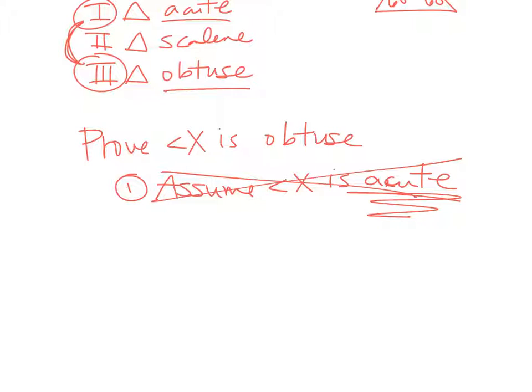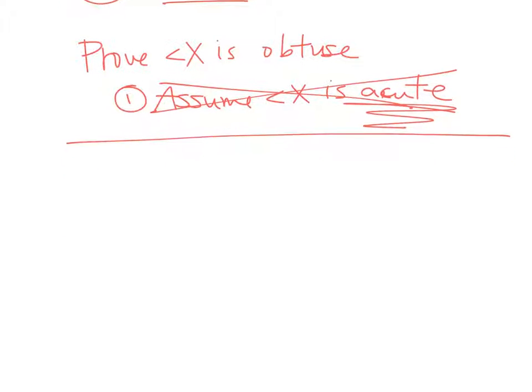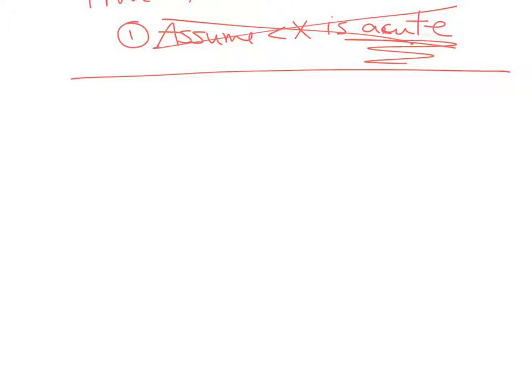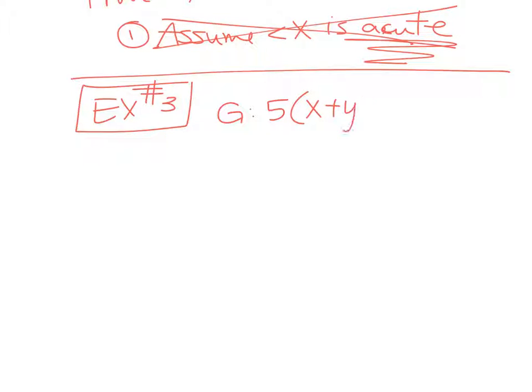Okay? Okay, here's what we're going to do. I am going to walk you through one full proof, and then we're done. Okay, so it says given that 5 times x plus y equals 50 and x does not equal 3.